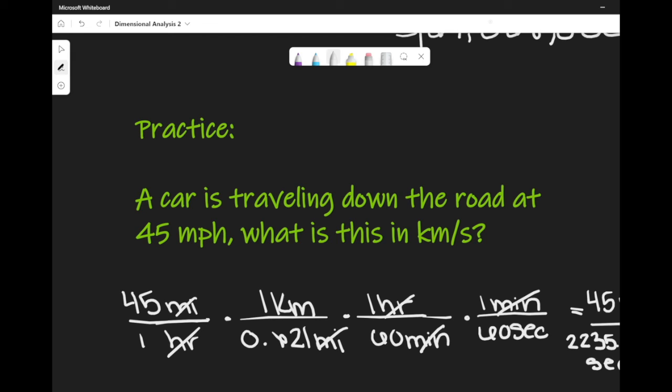Now let's go ahead and divide because you don't want to keep your number written like this. So we're going to go 45 divided by 2235.6. And we get our final answer to be 0.020. Let's keep two significant figures. And this is going to be kilometers per second. So notice that I have written my units off to the side down below as kilometers over a second.